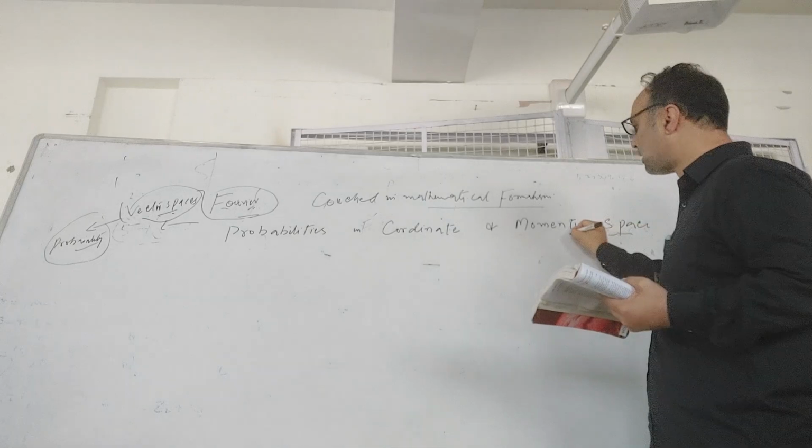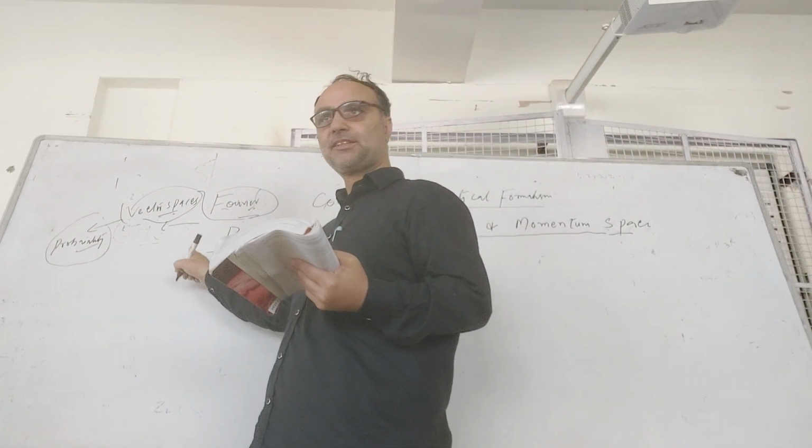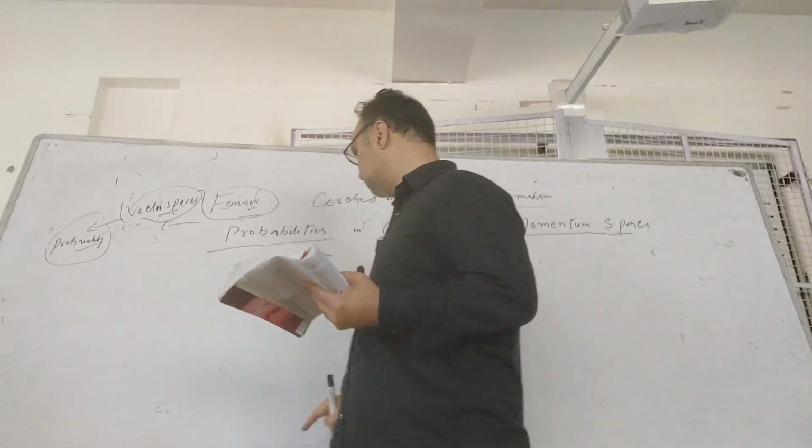So first हमको कैलकुलेट करनी है प्रोबेबिलिटीज और दोज एवरेज वैल्यूज और दोज एक्सपेक्टेशन वैल्यूज, है ना.